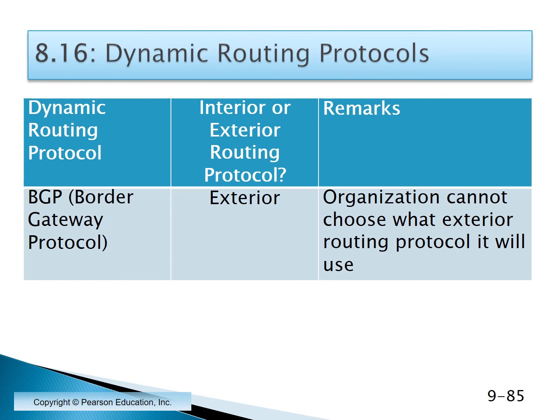Because of the scale of the routing and the complexity of the external network, the interior routing protocol is not appropriate. So we will need to use an exterior routing protocol that is different. In this case, the most common one is BGP.